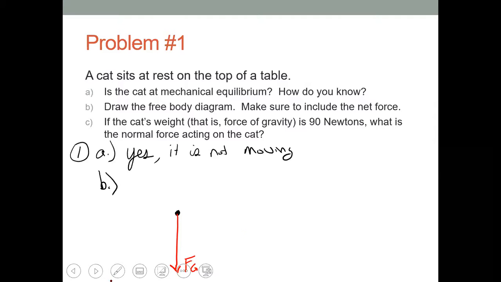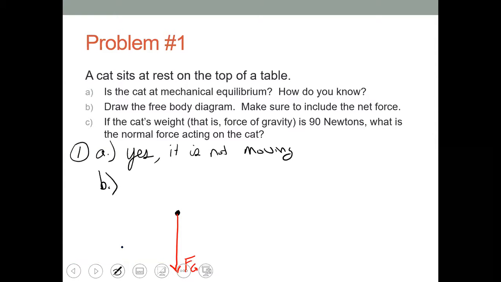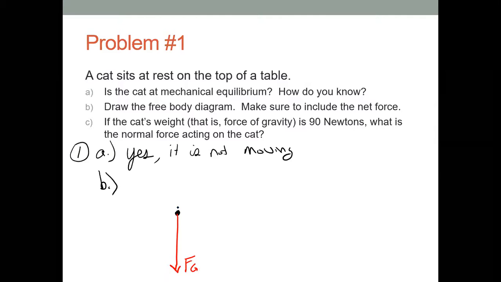So what is the force from the surface that's supporting it? What would we call that? Anybody got an idea? Take a look at the explanations. Normal force, yes, Nate. So we're also going to draw a normal force. And if this thing is really in mechanical equilibrium, which we said it was, I should draw the normal force being the same size as the force of gravity.